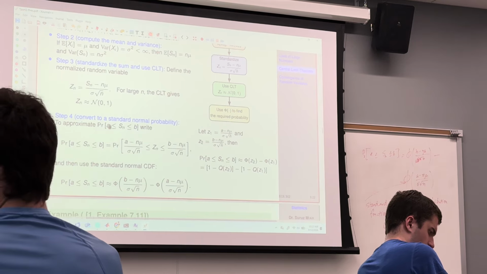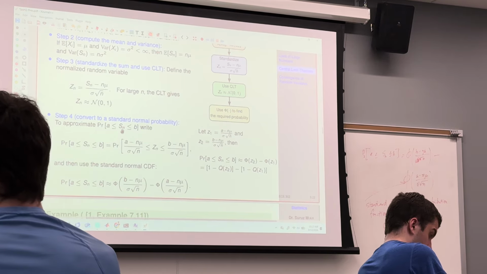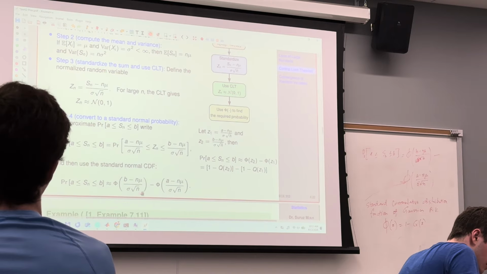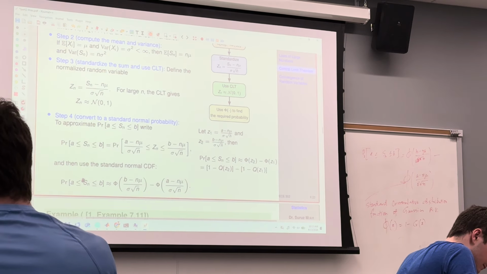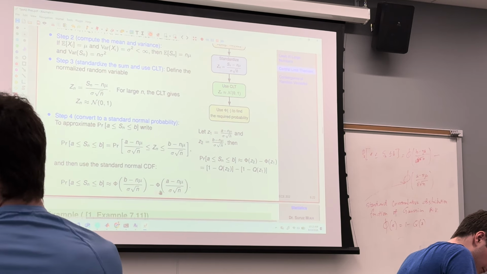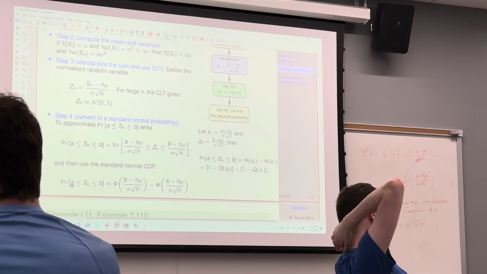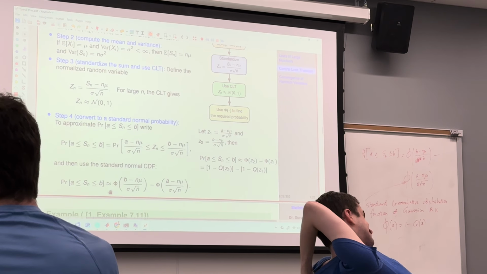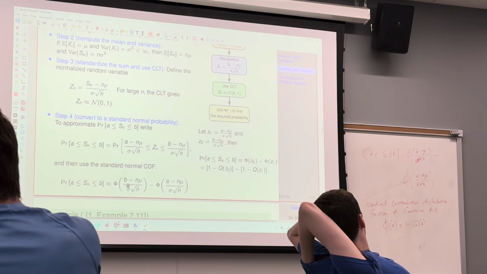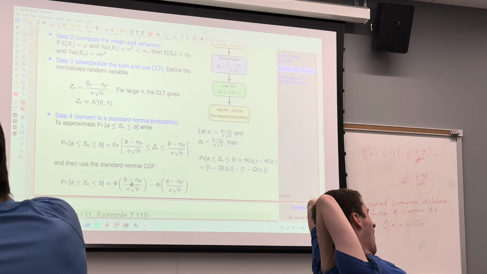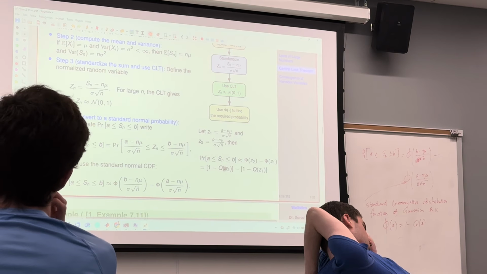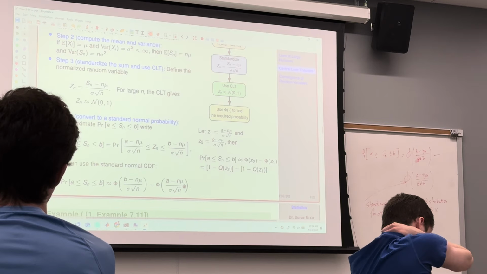So to approximate this probability using the sum of all the random variables, you simply use this formula. You have A, you have B, and then you have the standard CDF. You just pass this to the standard CDF, and the standard CDF has a relation with the Q function as such.